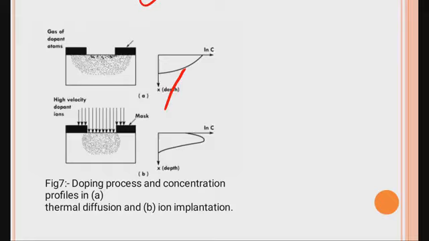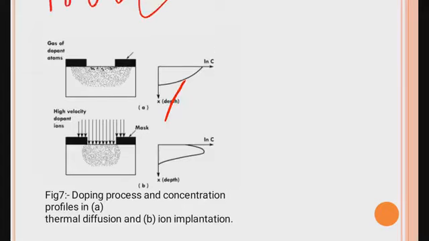If we compare these two diagrams, we can conclude that in thermal diffusion the highest concentration is at the surface, but for ion implantation the highest concentration of dopant is just below the surface.